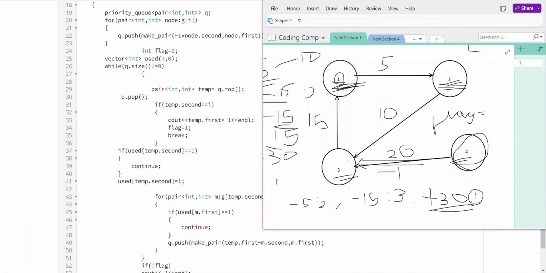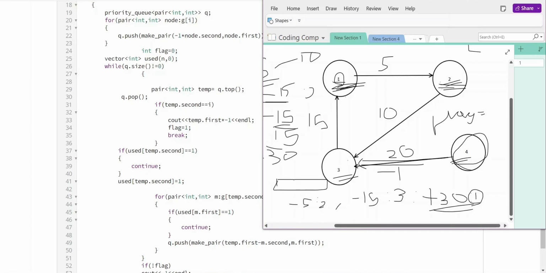So in the used vector we would make the value for 3 as 1. We have initialized all the values to 0, so we have 0 over here, 0 over here, and so on. So we have set the value at the third location equal to 1. After we encounter 3, we are going over here because there is only one edge, so we are traveling to 1. Now we make 1, or the 0th index, as 1 in the used vector, and so on and so forth.